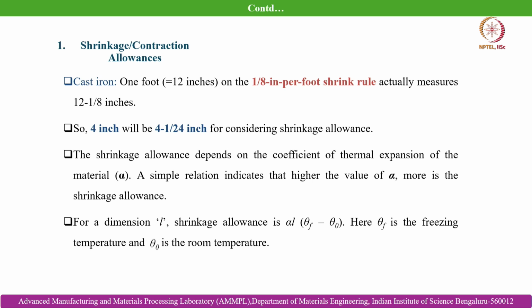So, we provide shrinkage allowance to the pattern to cater to the need of solid shrinkage, that means the shrinkage undergone by the object below its solidus temperature to the room temperature, whereas to feed the liquid and the solidification shrinkage, we provide a riser within the mold cavity. We will also discuss riser design later in the class.